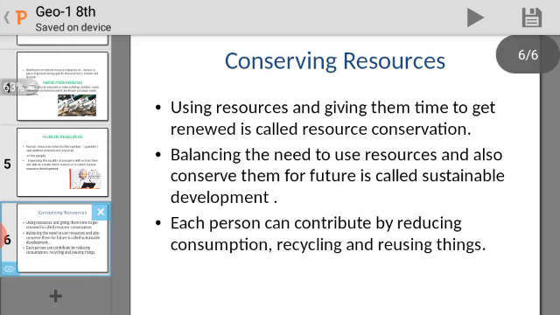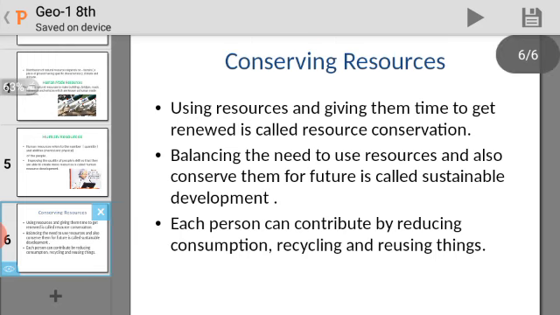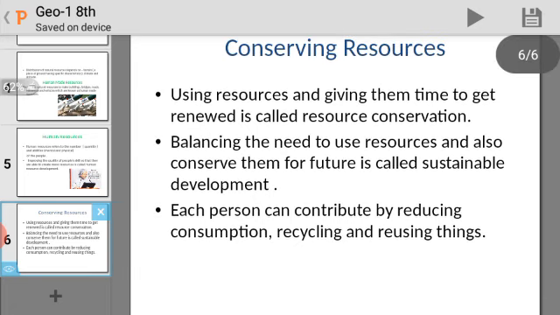To conserve resources, we have to give them time to get renewed, and giving time to resources is called resource conservation. If we extract iron ore from mining, we have to leave the extraction of the same iron ore for some years so that it can be renewed.